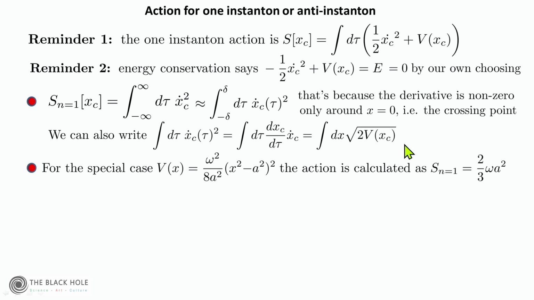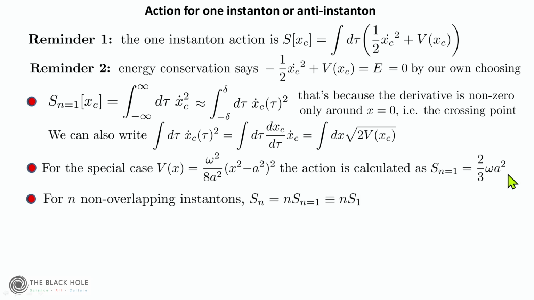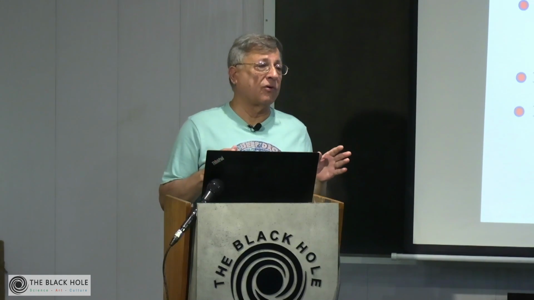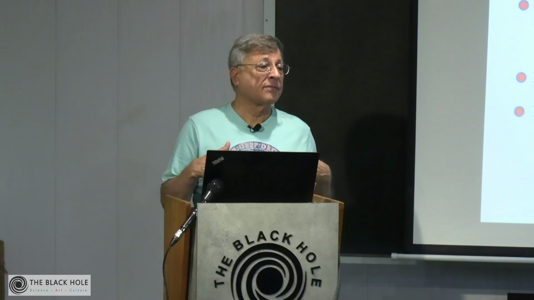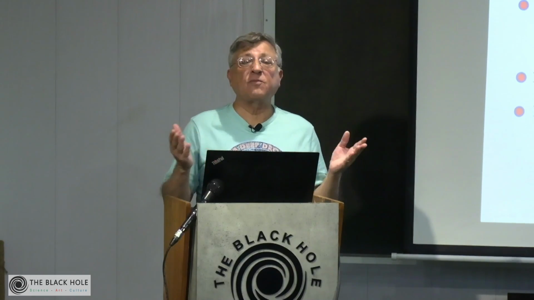So that's actually quite trivial. For the special case that we looked at for the double well, the action is very easy to calculate. It's just 2/3 omega a squared. If you have n instantons, now let me tell you about n instantons. If they don't know about each other, then the total action is just the sum of the actions.